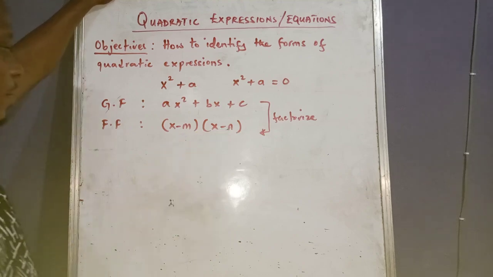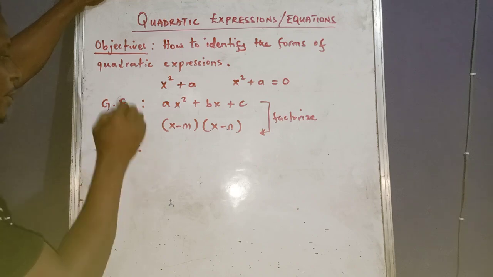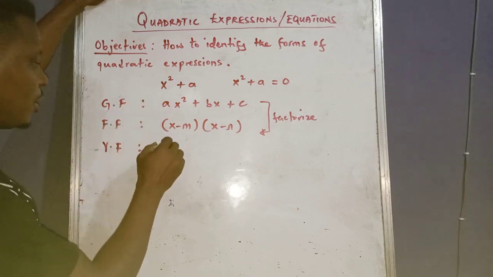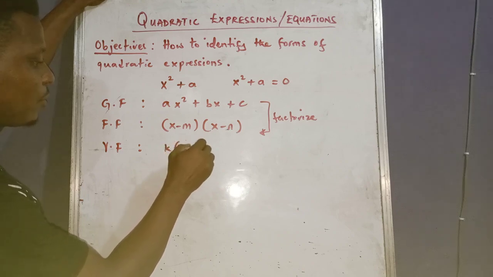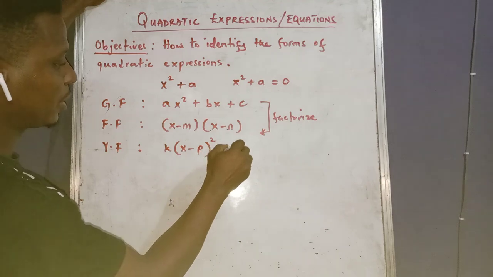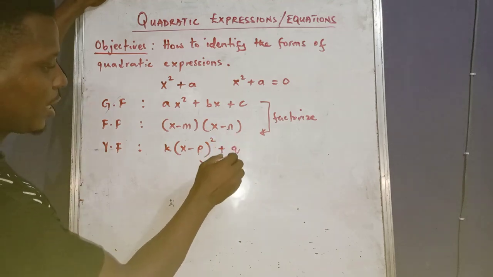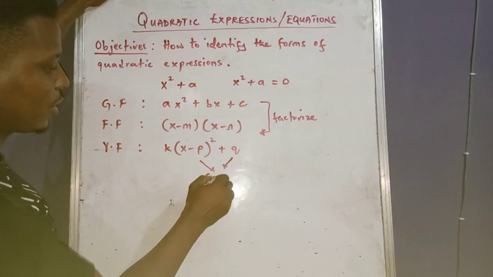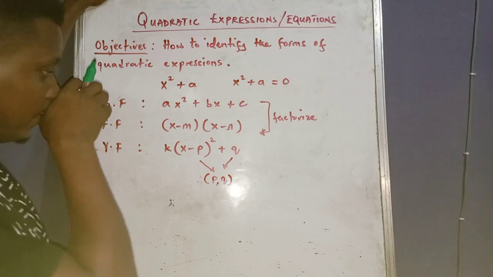We also have another form that we call the vertex form. The vertex form is in this form: k times (x minus p) squared plus q. This p and q, we call them the coordinates of the vertex. What exactly do they stand for?